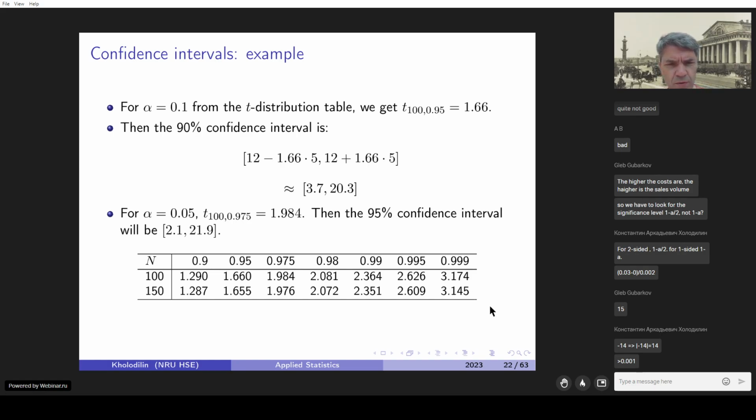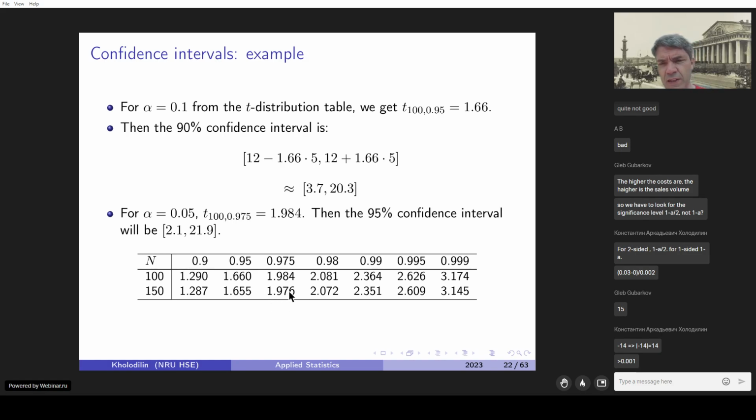Alternatively, you can say, okay, I'm testing the hypothesis with alpha equal to 5%. In this case, the critical value is equal to 0.976, and it's much smaller than 15. So I can reject the null hypothesis because our test statistic is much bigger than the critical value.